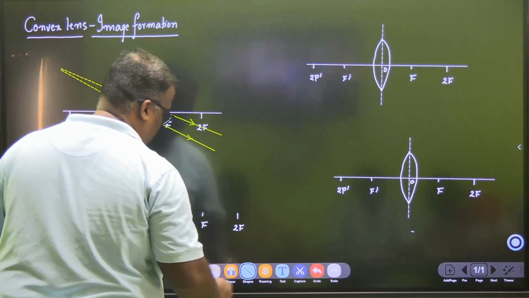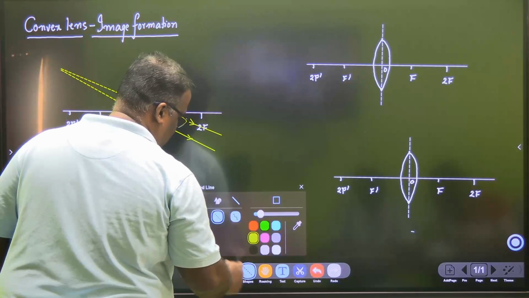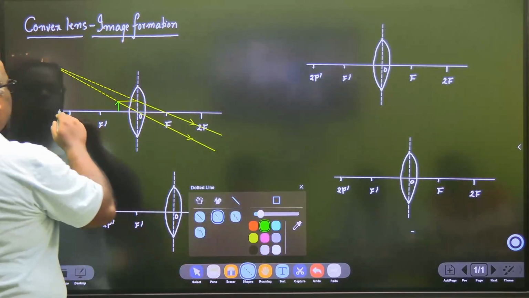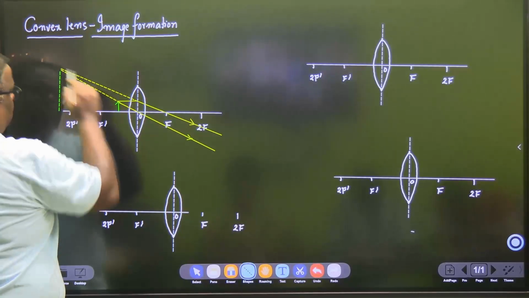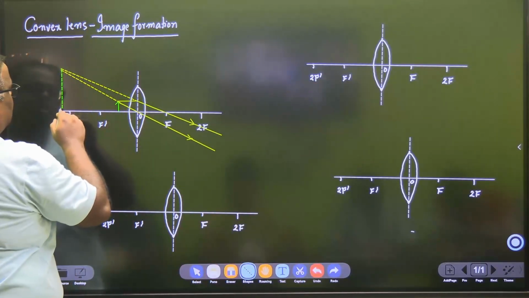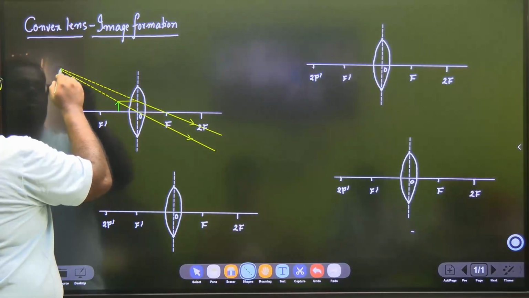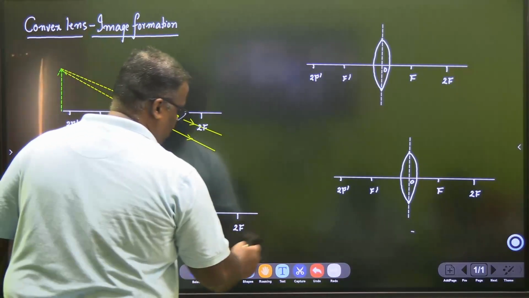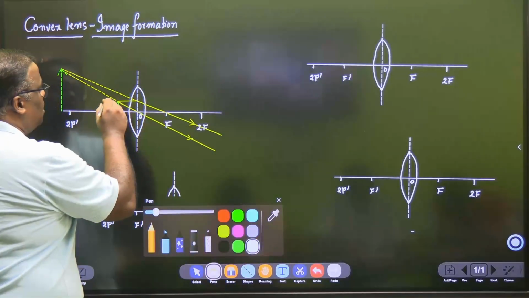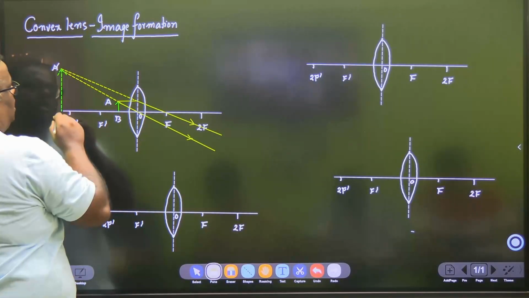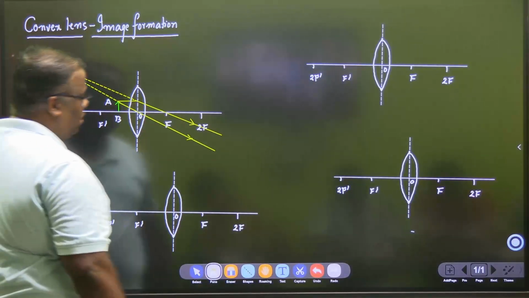So this will be my virtual image which will be formed. If this is A and this is B, our image is now A dash, B dash.